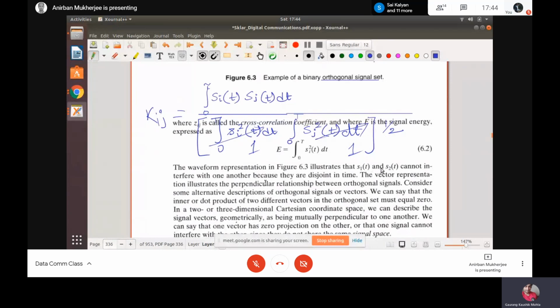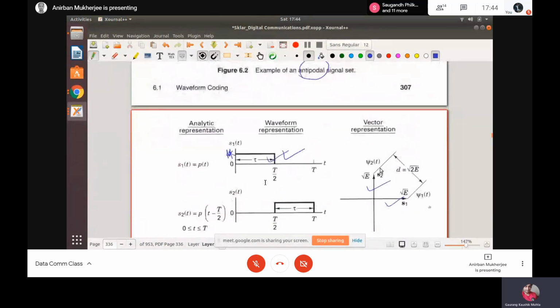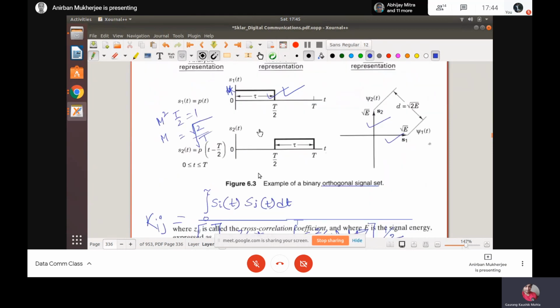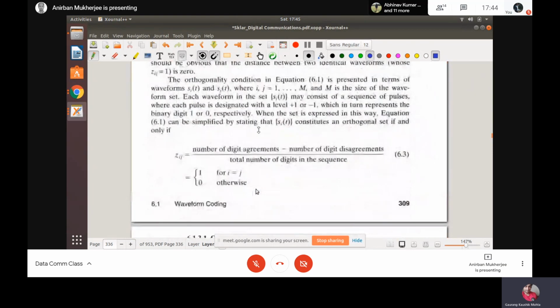So the area is m squared T/2, equal to 1. I think like this. But anyway, now in this one, we talked about the number of digit exits minus the number of digit exits divided by the total number of digits in the sequence.